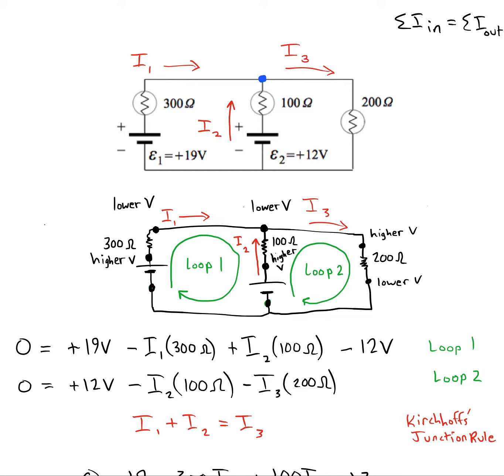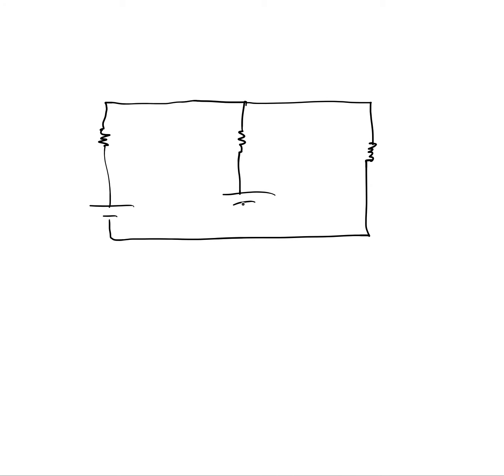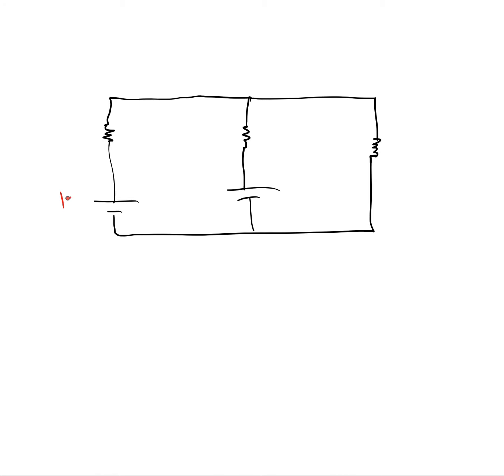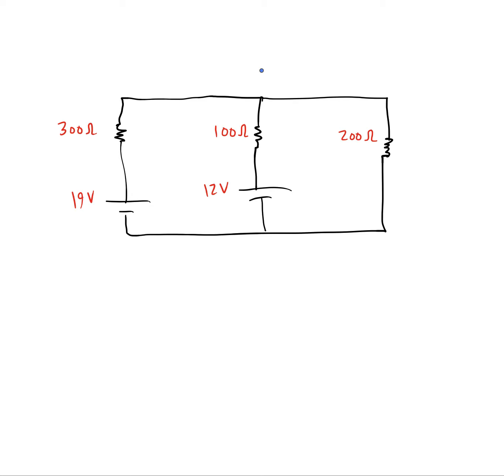Now, let's just see what would have happened if we had guessed wrong. In my first attempt, I had correctly predicted that these would be the directions of the currents I1, I2, and I3.